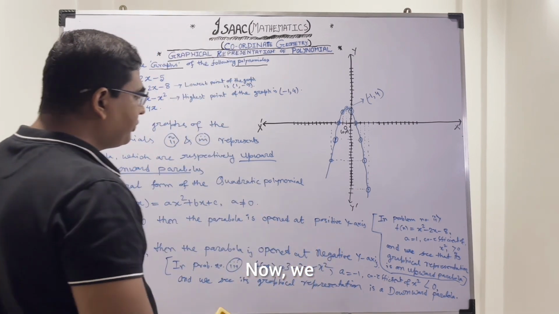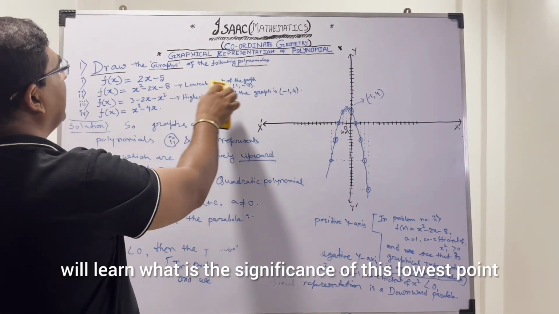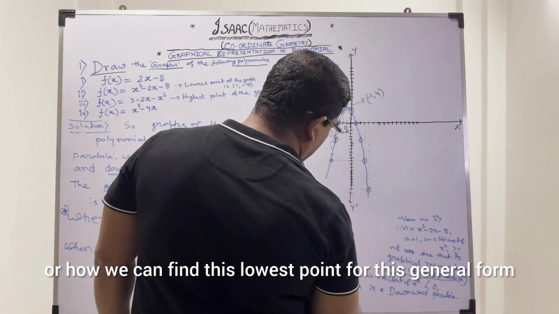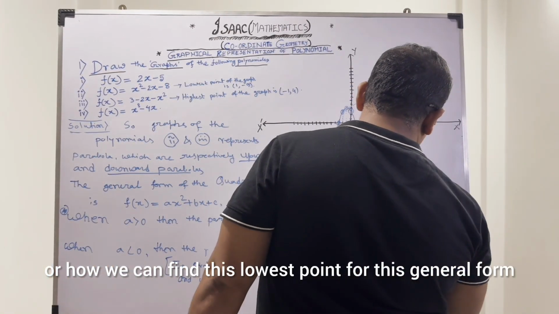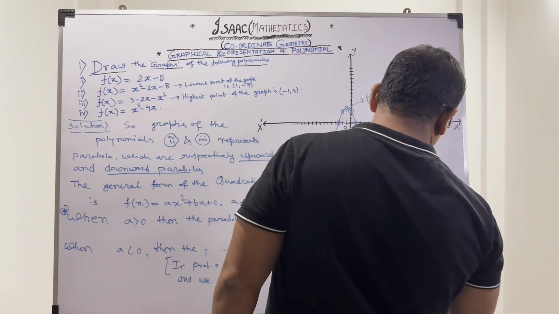Now we will learn what is the significance of this lowest point, or how we can find this lowest point for this general form, that is ax square plus bx plus c.